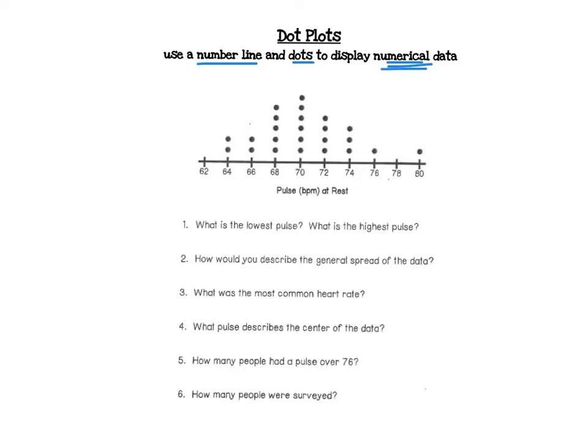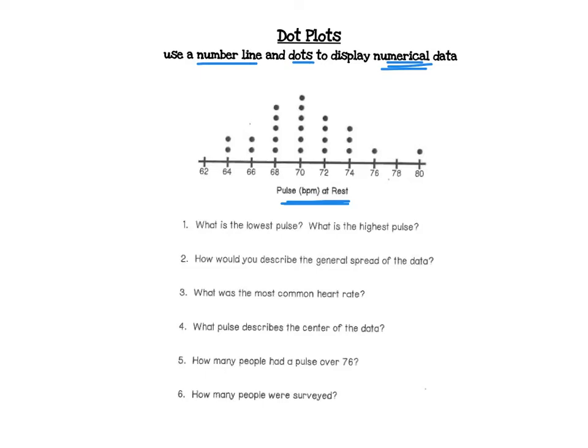So here we have our first dot plot that we're going to look at. As with any graph or chart or table, always look for a title and labels so we know what sort of information we are looking at. This one is written underneath the number line, and it is showing us data about pulse in beats per minute at rest. Okay, so we have a group of people, I assume.